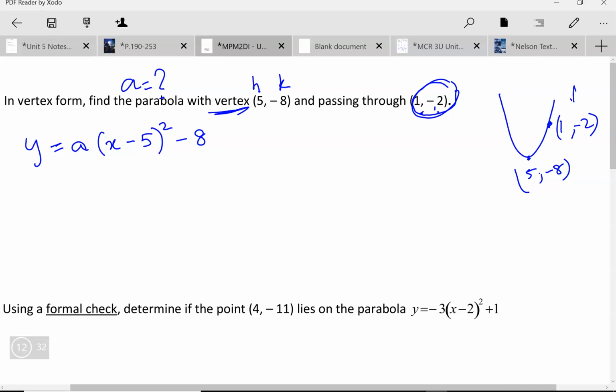That means if you put this point, x equals 1 and y equals negative 2, it will satisfy the equation. What does that mean? That means this equation, which is y equals something, will be true if you put x equals 1 and y equals negative 2.